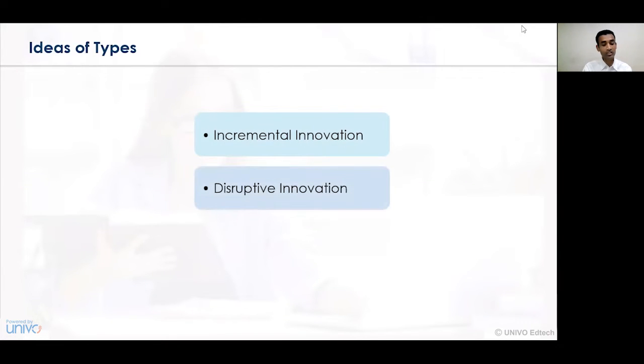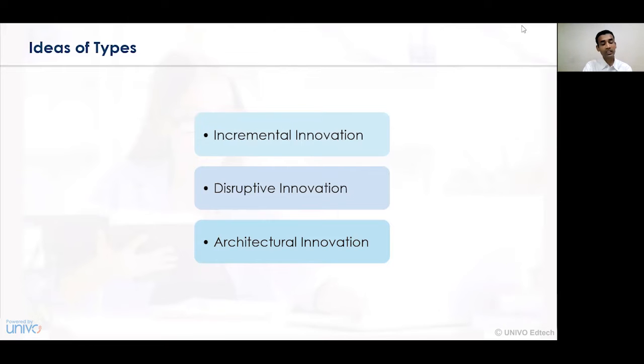Now let us understand the various types of ideas that can be created in a business organization. The idea can be an incremental innovation, a disruptive innovation, or an architectural innovation. In incremental innovation, certain advancements or increments are created for an existing level of innovation strategy, which may be added to the existing product line or system.